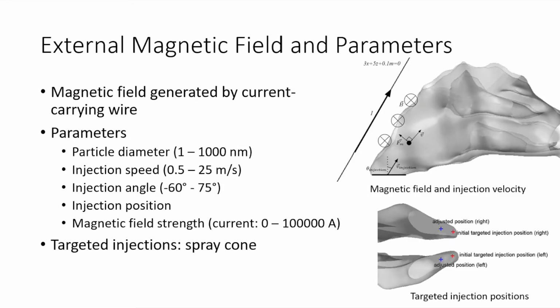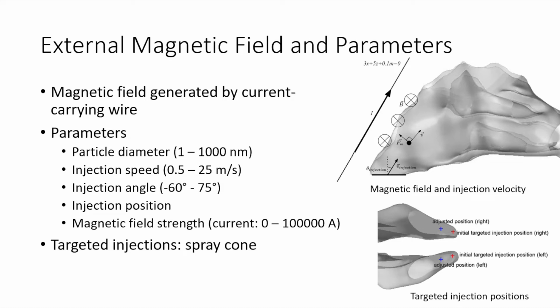The source of the magnetic field was a linear current-carrying wire, as shown in the figure on the top right, and this exerted force on the particles to draw them toward the front of the nasal cavity. We tested uniform injections, where particles were injected over the entire nostril, as well as targeted injections, with particles injected from specific positions.